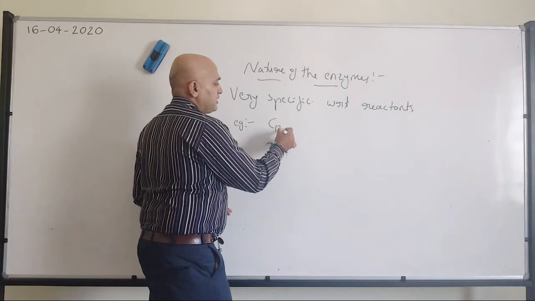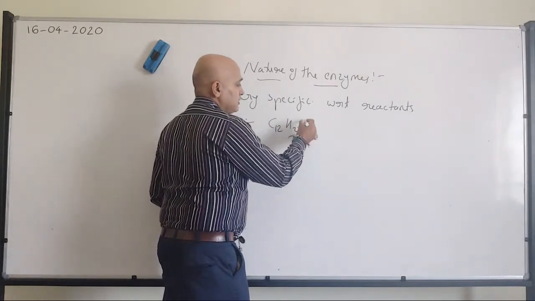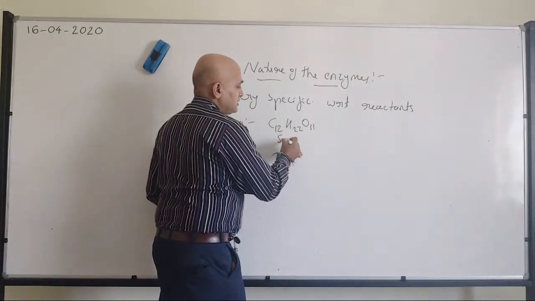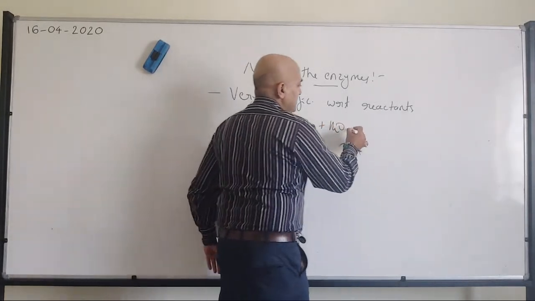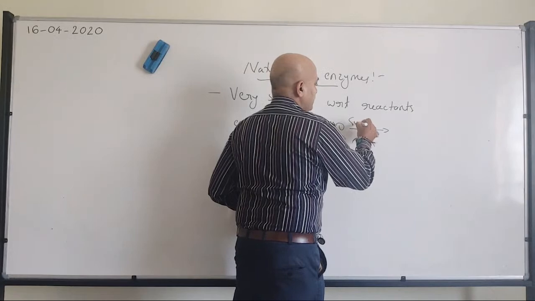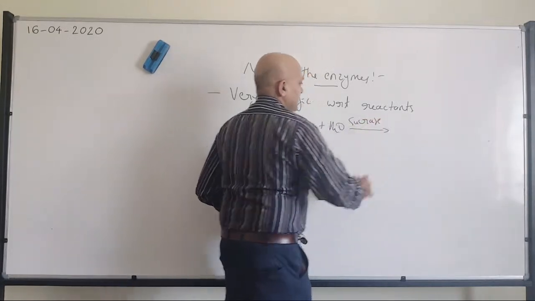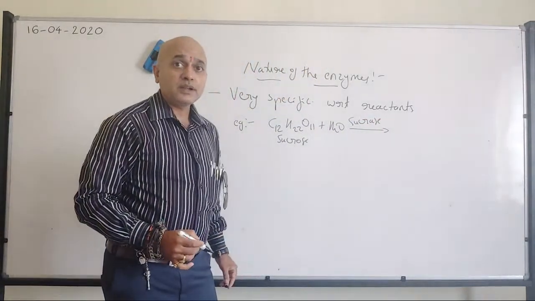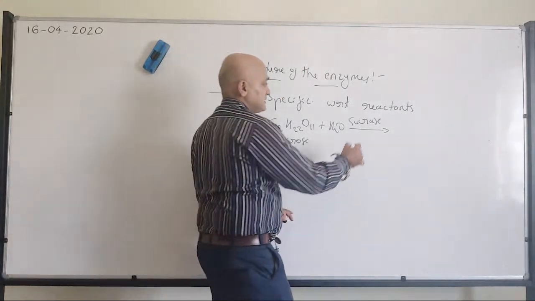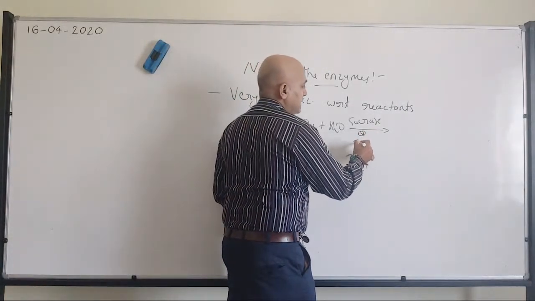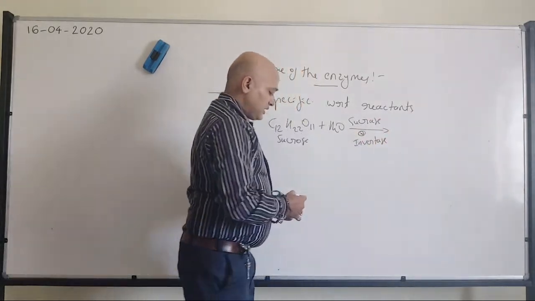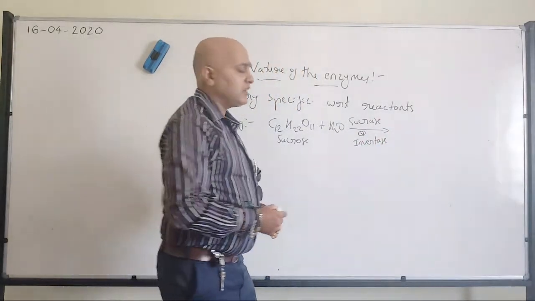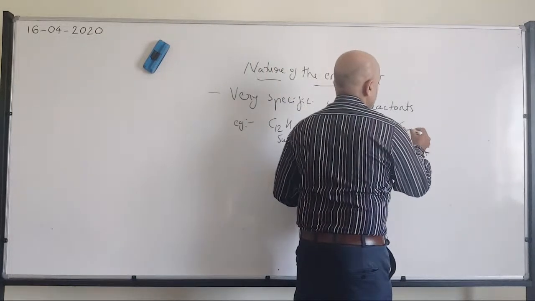So when I am talking about invertase, which acts on the molecule sucrose, it is involved in the hydrolysis of sucrose. Invertase can also be called sucrase. Sucrase and invertase are one and the same enzyme.